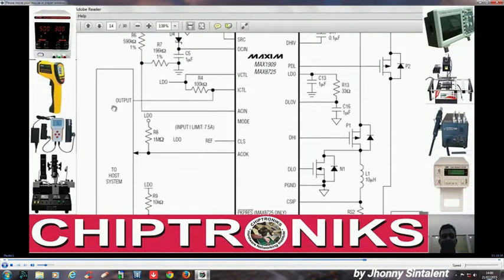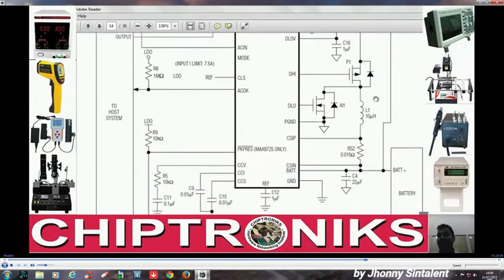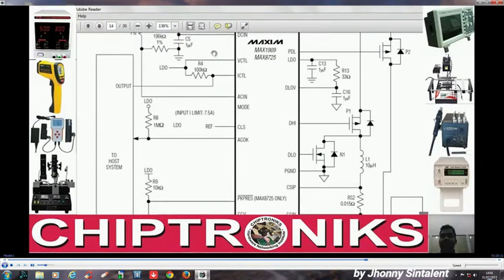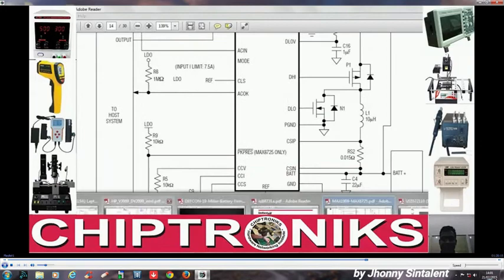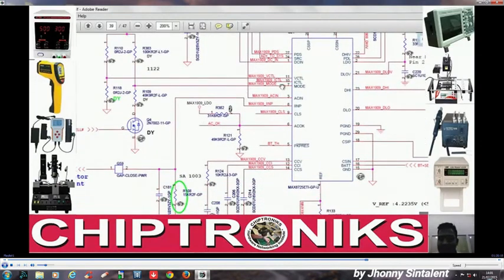You see over here, ICTL is an output from the IO controller to determine the maximum output current. We can check in a schematic where ICTL is.